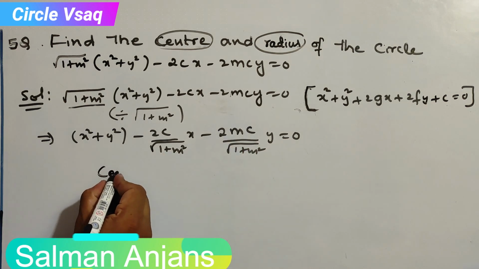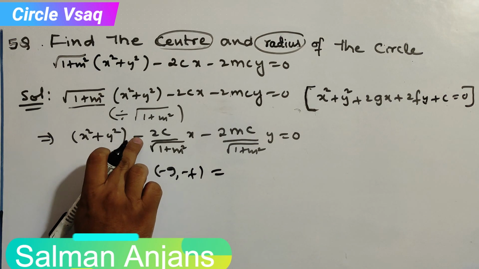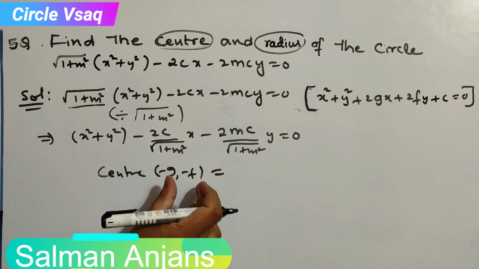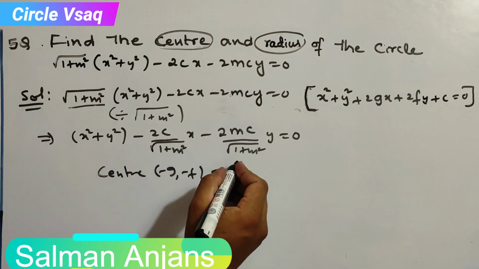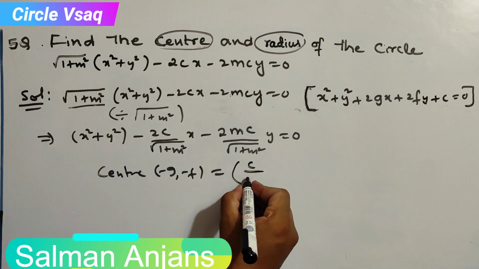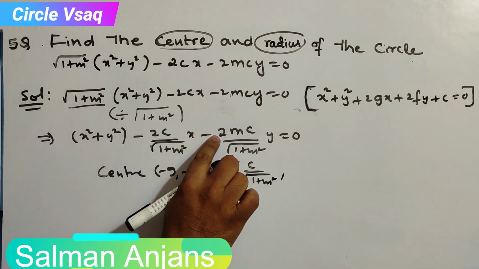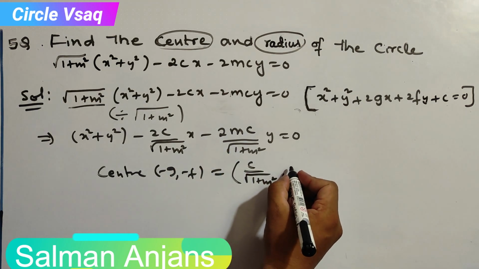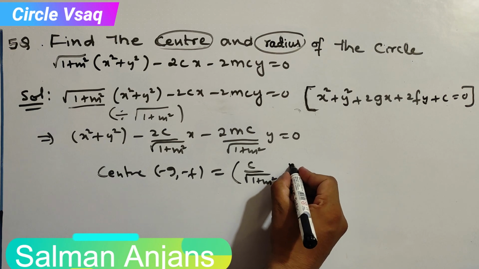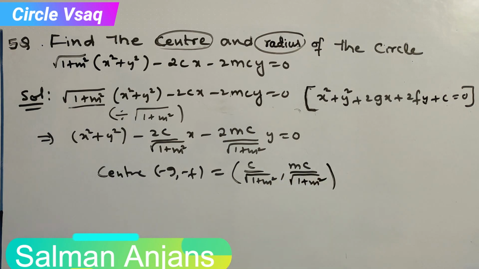We know that center is (−g, −f). So minus is there, so we need minus, so minus of minus is plus. This is the value of 2g, then g equals c by root over (1 + m²). And this is the value of 2f, then f equals minus of minus, plus mc by root over (1 + m²).